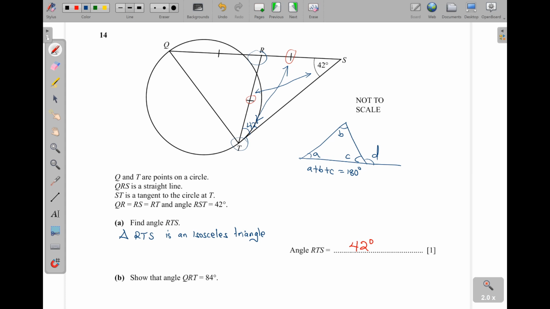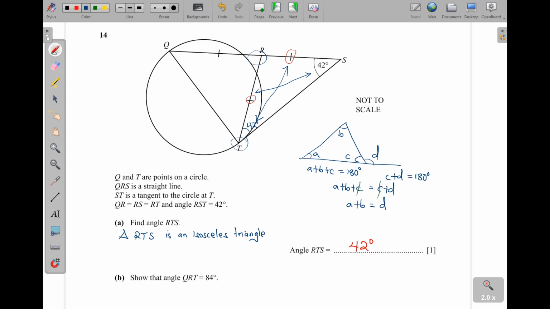But also angles on a straight line add up to 180 degrees. So C plus D is equal to 180. Now, since all of these are equal to 180, I can say A plus B plus C is equal to C plus D. You can see that this C can cancel out, and then we remain with A plus B, which is equal to D.